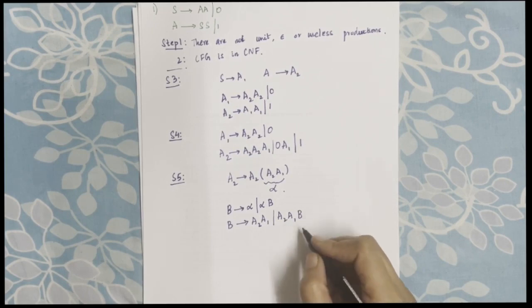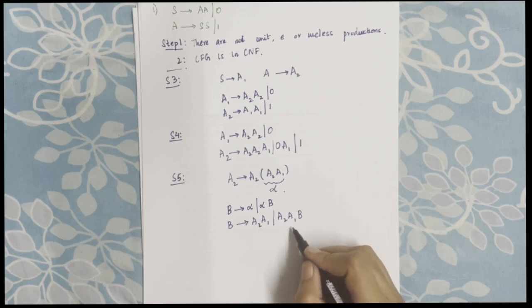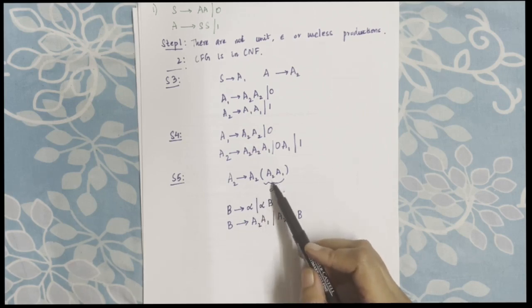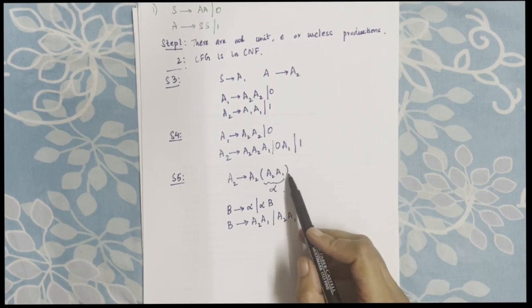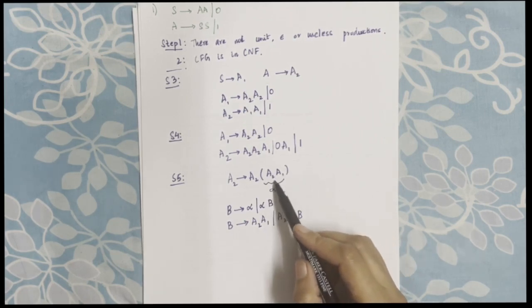So this is what I get for B. Now this becomes alpha because the rule says Ak gives Ak alpha. So this is alpha.